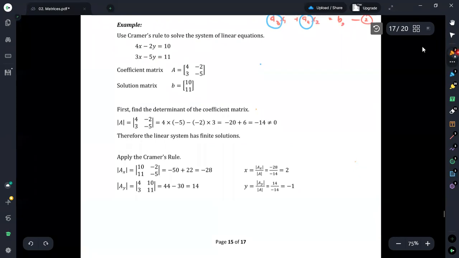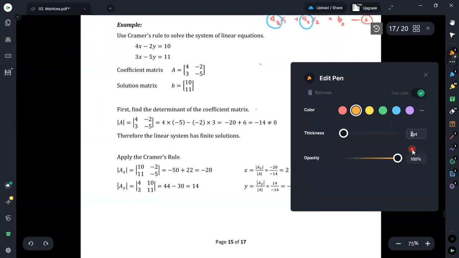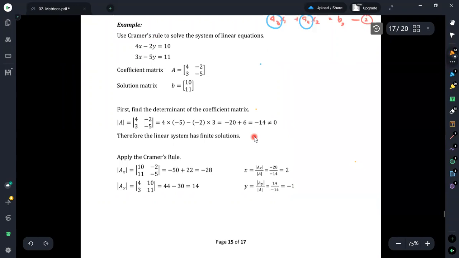If it is just a 2 by 2 system with two variables, we can easily find the solutions in this form. Anyhow, for the explanation of Cramer's rule, I will use this system of linear equations.